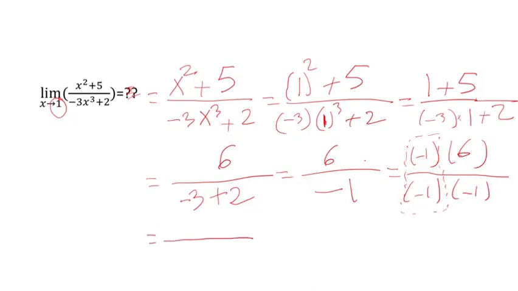So now negative 1 times 6 is negative 6, so you can see how the sign changed from 6 to negative 6. Negative times negative is plus 1, so the sign changed from negative 1 to 1. So negative 6 divided by 1 is just negative 6.